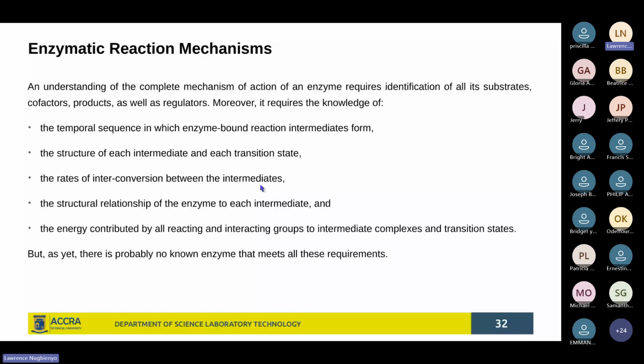All of this will give you a full spectrum of how the enzyme acts, the full mechanism of it. But in fact, there hasn't been any enzyme that all of these things are understood. Some of these will be understood, but not all.